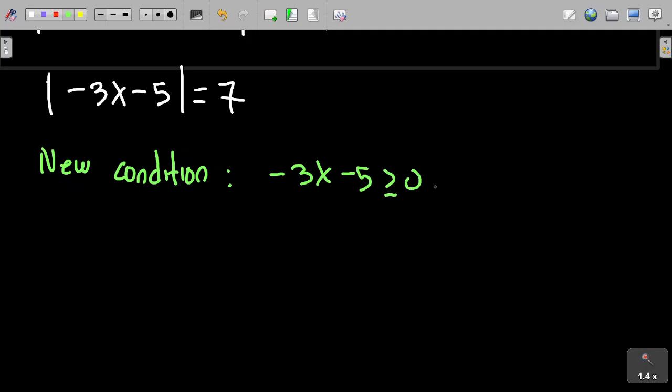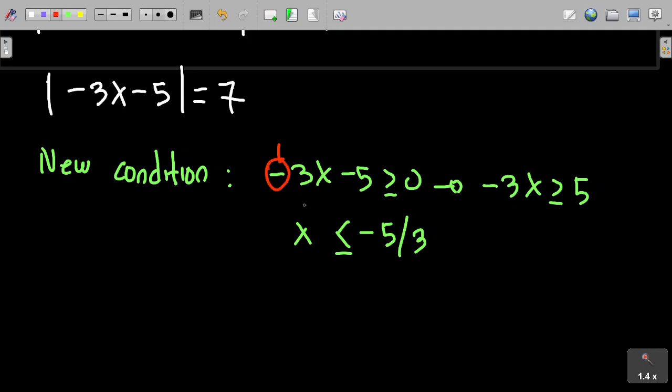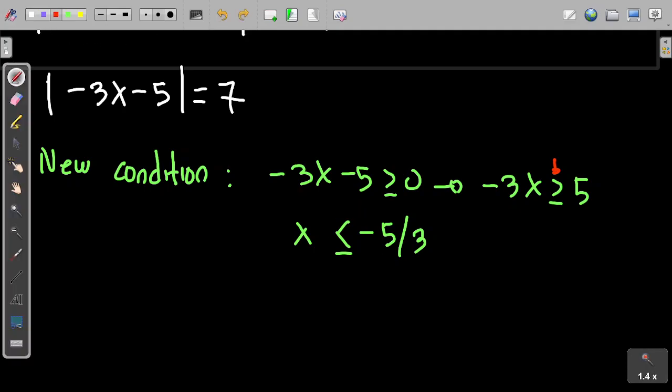Cleaning the variable here, we get minus 3x bigger or equal to positive 5, but this is x less or equal than negative 5 over 3. Remember that when we have a negative sign and we need to clean the variable, we should change the sense of the inequality sign. So that is my new condition.